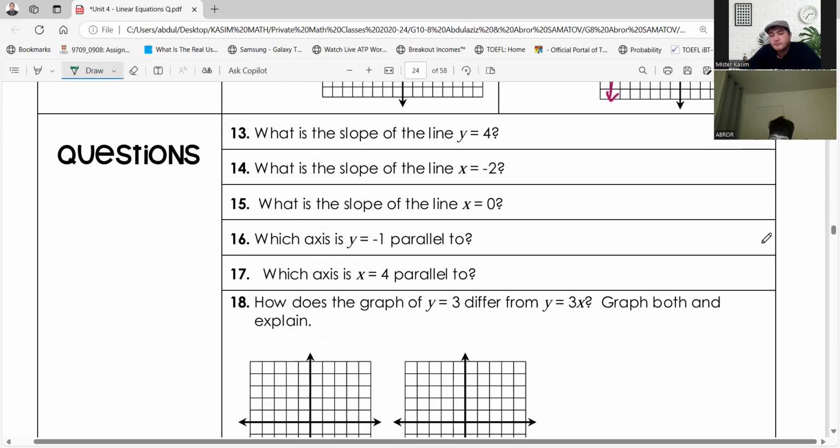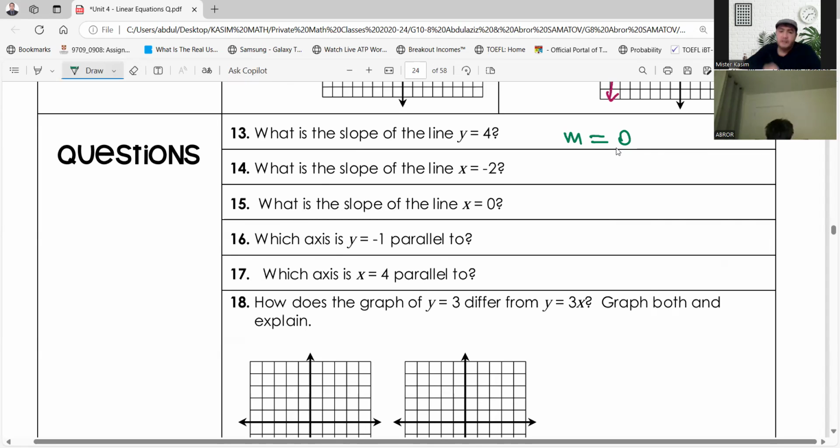What is the slope of the line y equals 4? Y equals 4 is a horizontal line. So what is the slope? It's 0, right? A horizontal line has slope 0.